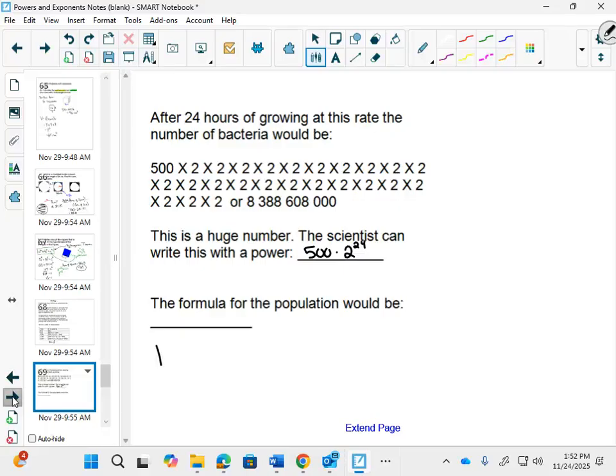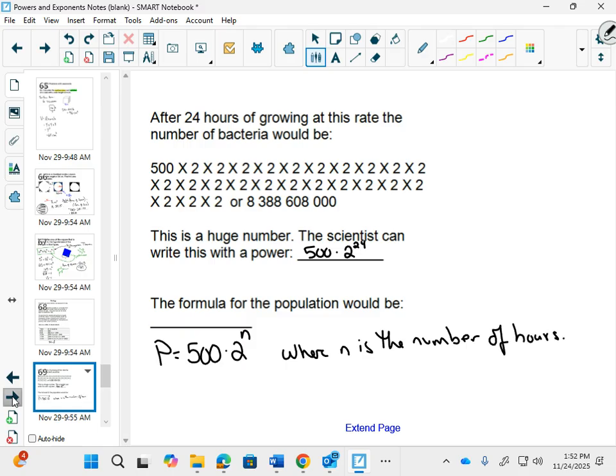And so we can write a formula here that your population in this case is 500 times 2 to the n, where n is the number of hours. So using an exponent here is super helpful.